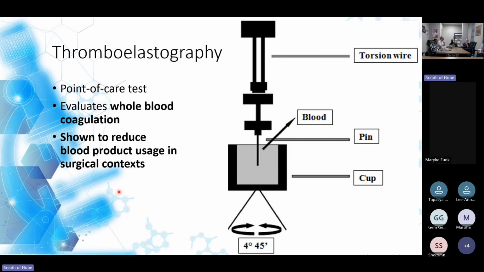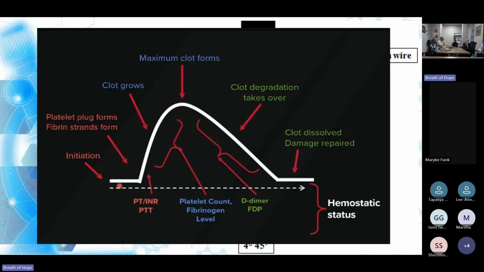There's no very good evidence beyond this to say that it reduces mortality or that it's really the gold standard of monitoring whole blood coagulation. So just bear in mind, with thromboelastography, where the evidence exists, it exists for reducing blood product usage.